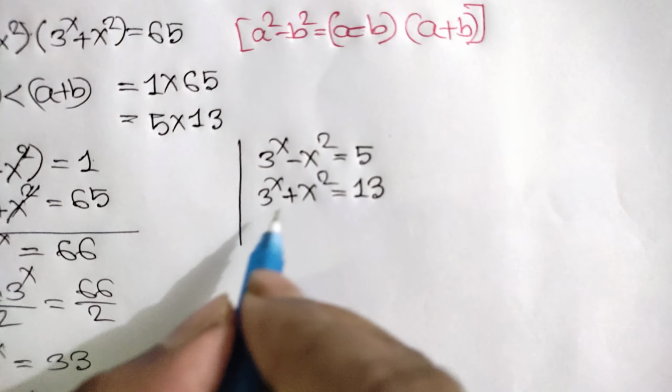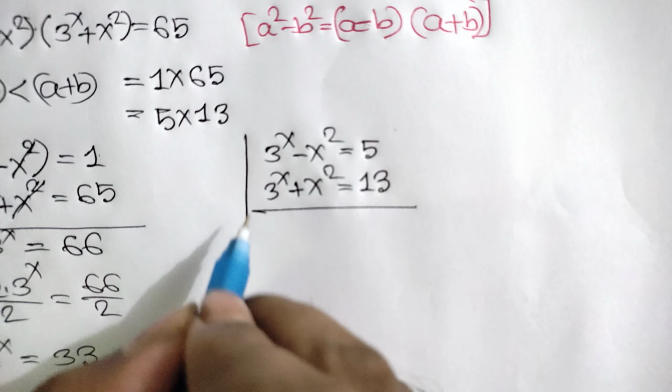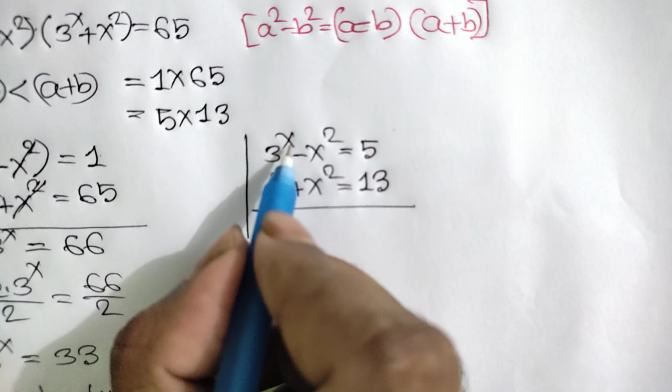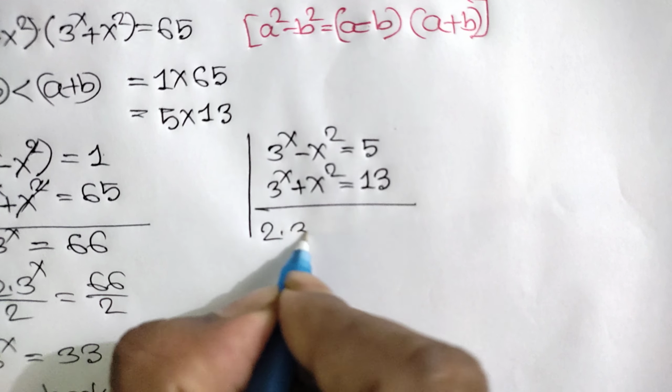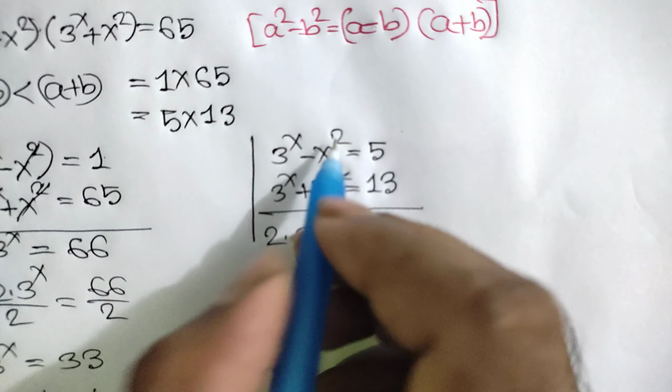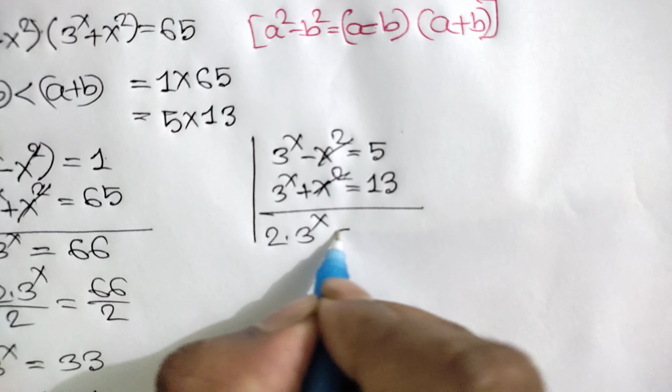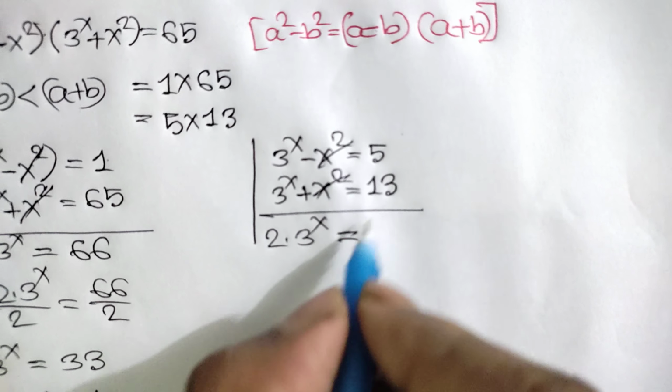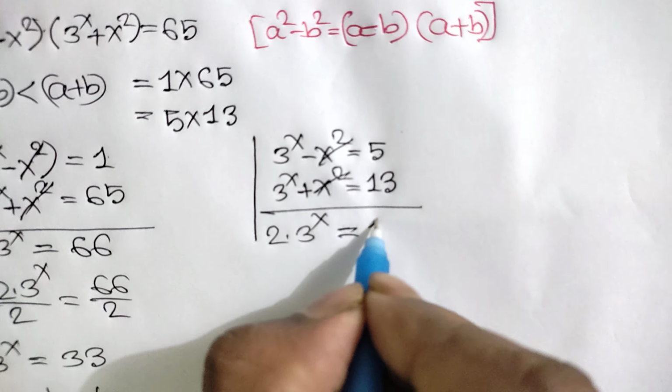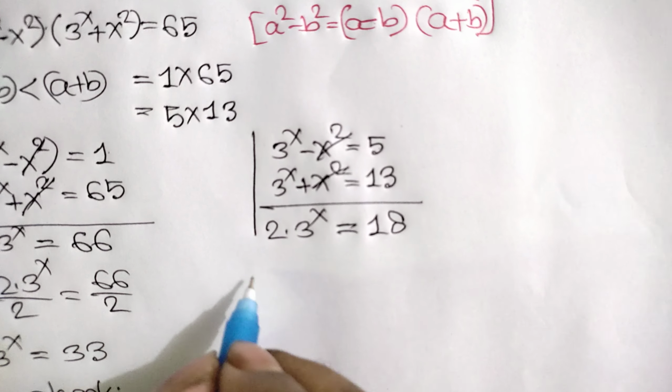Now adding these two equations, we know 3 to the power x plus 3 to the power x is 2 times 3 to the power x. Now the 2 to the power x terms cancel out, and this is equal to 5 plus 13, which is 18.